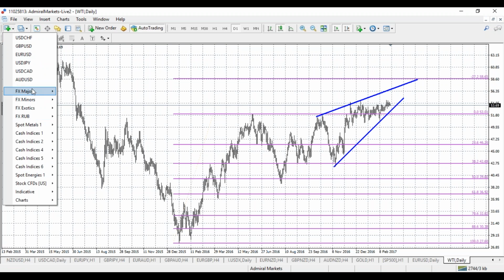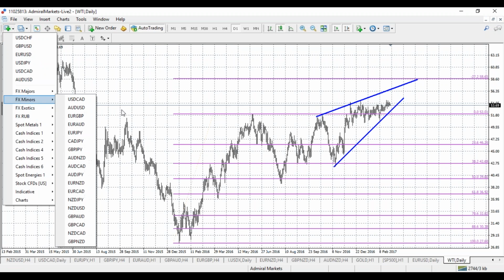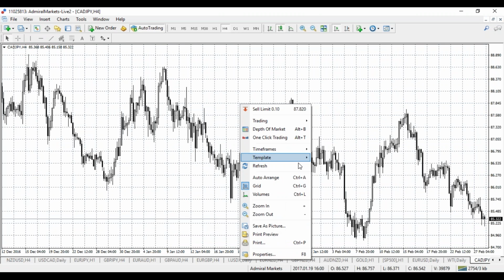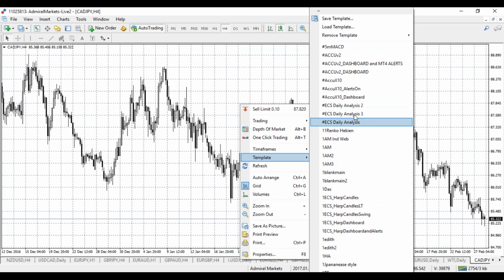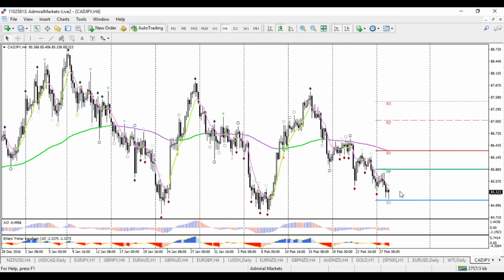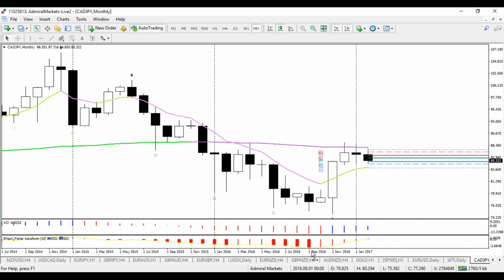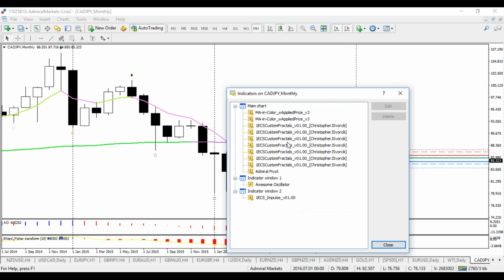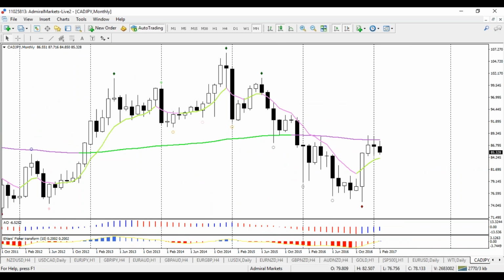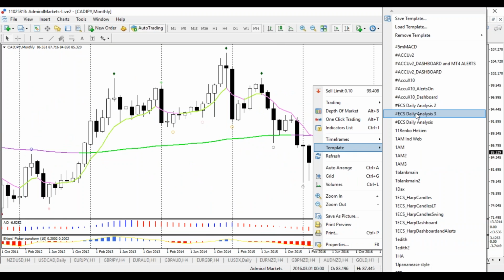Sure, we can take a look at the CAD yen, and then I think we'll wrap it up for today. There we go. Let's start with, one second, folks.